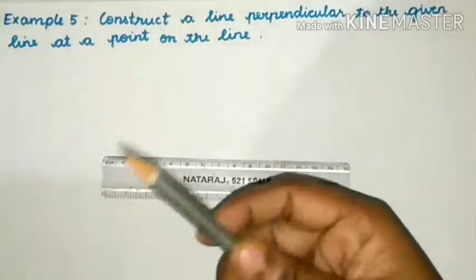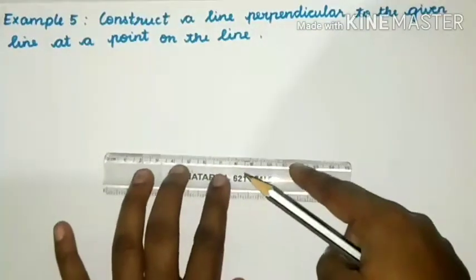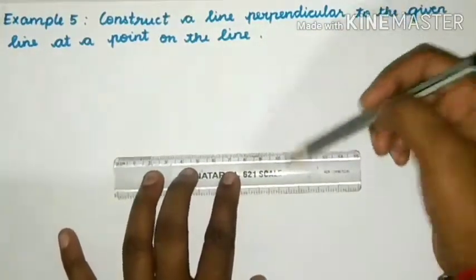Before drawing the line, first sharpen your pencil and then gently draw a line AB using the ruler.